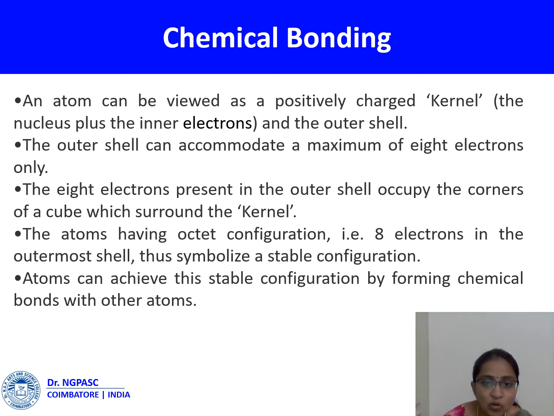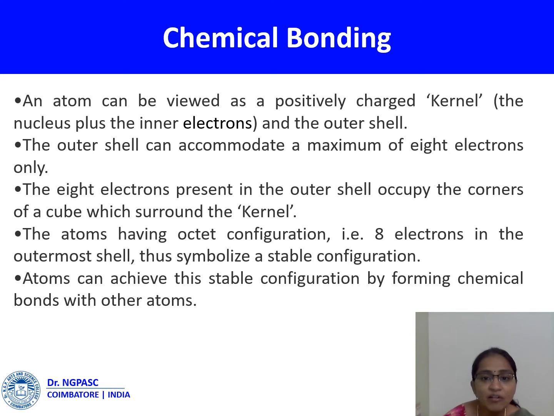These 8 electrons present in the outer shell occupy the corners of a cube which surrounds the kernel. Atoms having 8 electrons in the outermost shell have a stable configuration.